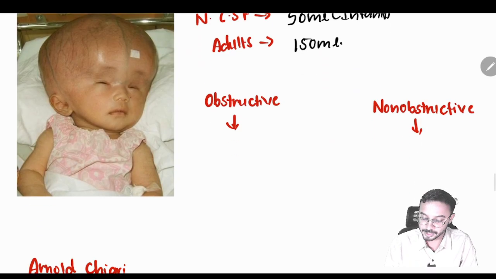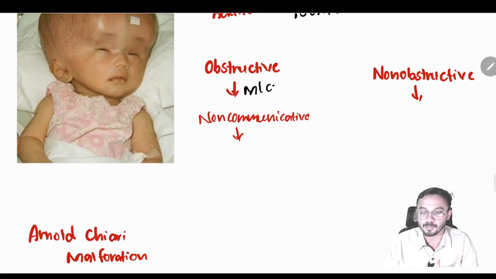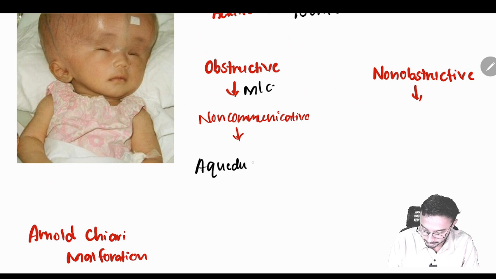One is obstructive, also called non-communicating hydrocephalus. And why is it occurring? This is the most common type. It occurs because there is a blockage in the aqueduct, aqueductal stenosis.